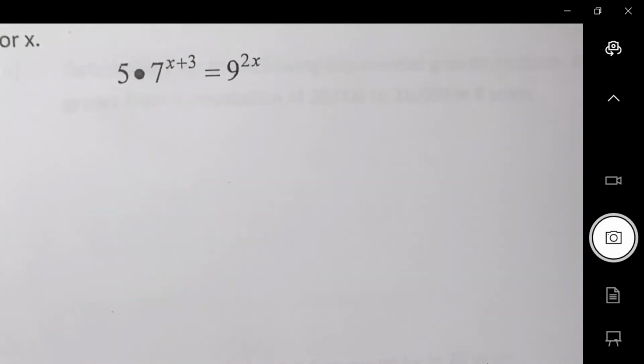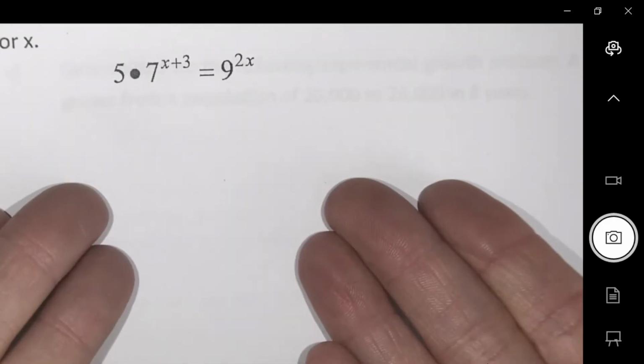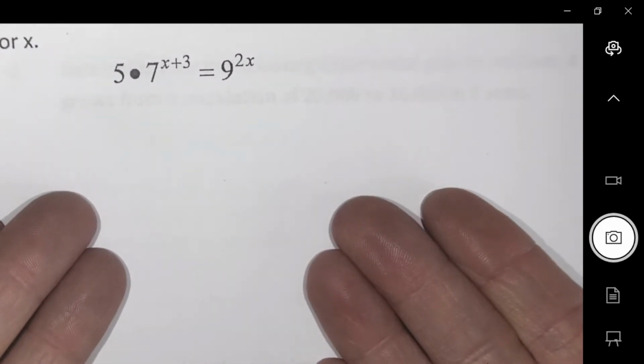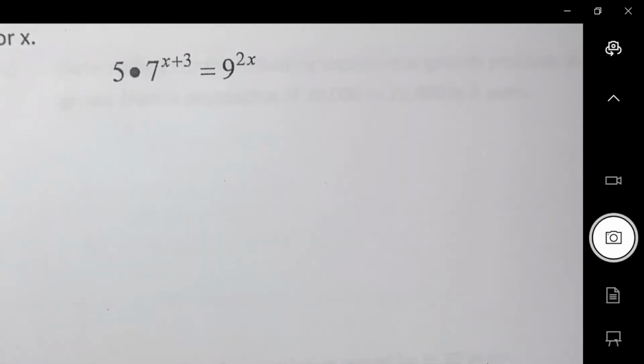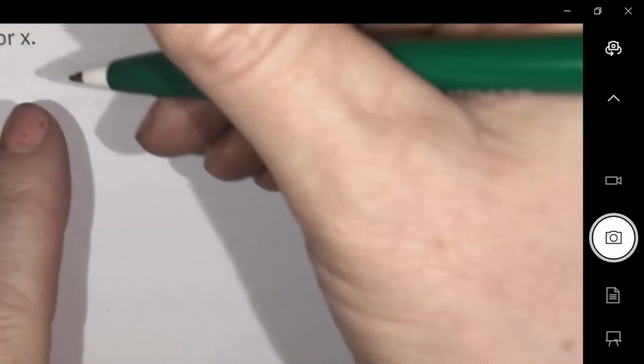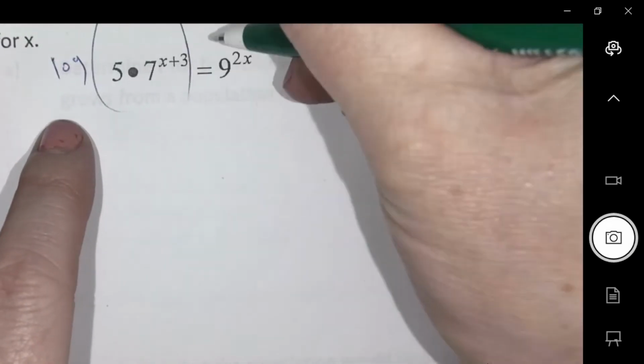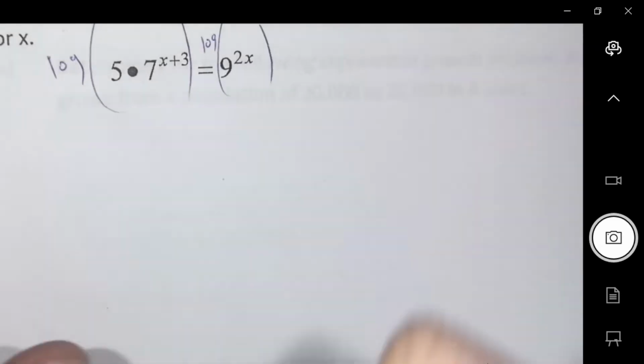Exponential equations. Well, first of all, we learned there was some type with the same base. This is not that type. Do you see? It's not the same base. So what do we do with our first instinct on exponentials? Log them. So I'm going to log both sides.